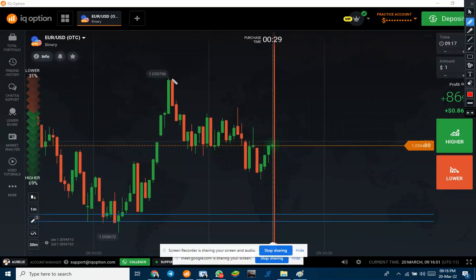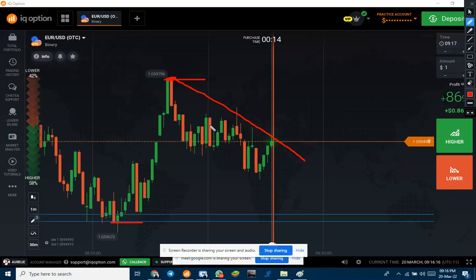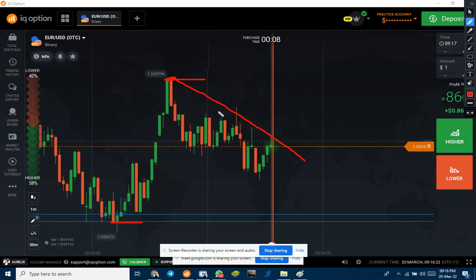The minor trend, what do you see? The price starts falling from here, though it rises from here and starts falling, so we have the low and we have the high. Now the current price, which is the major trend, is that the price starts falling downside.